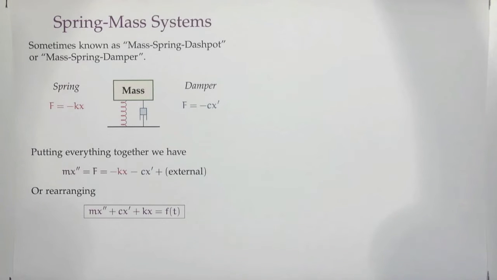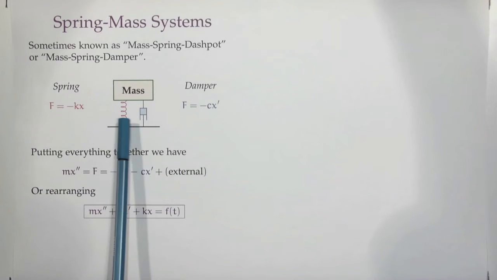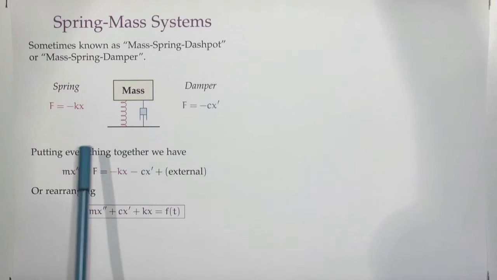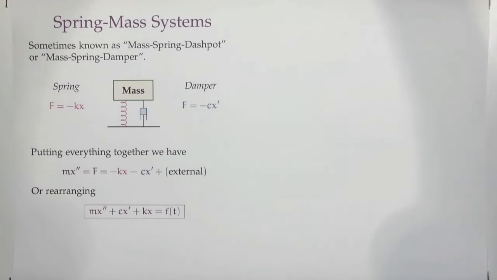And so the idea here is we have some mass and it's attached to two objects. So one of them is a spring. And we talked on the very first day that springs have this beautiful fact called Hooke's law, where when you stretch a spring, there's sort of a force pulling you back. And it's proportional to how far you've pulled.